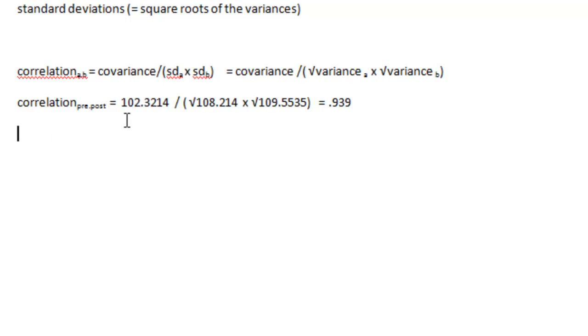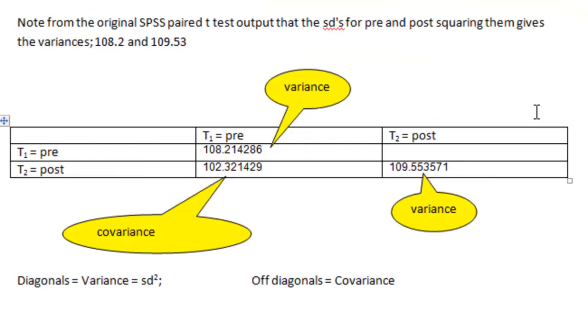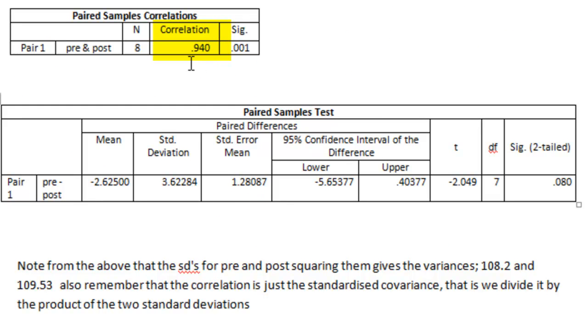If we take the covariance, which we've got from that table, take both the variances, and do that little equation, we get a value of 0.939. If we go back to the original paired t-test output, we have a correlation of 0.940, which is the same as 0.939.